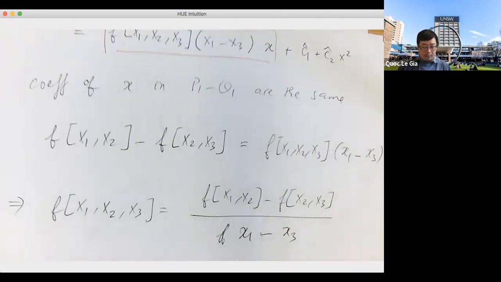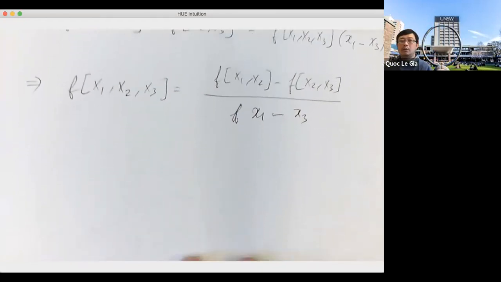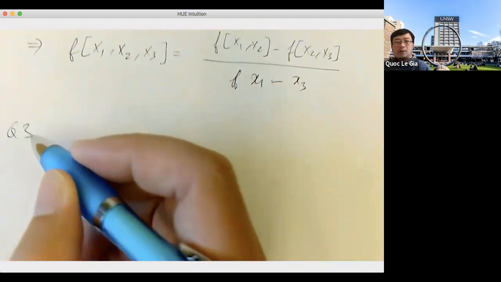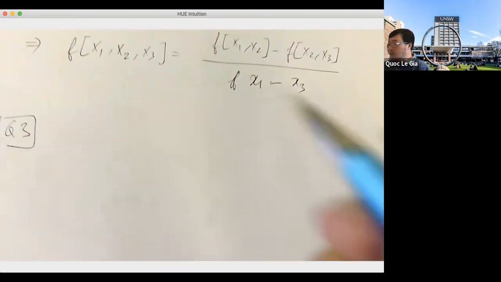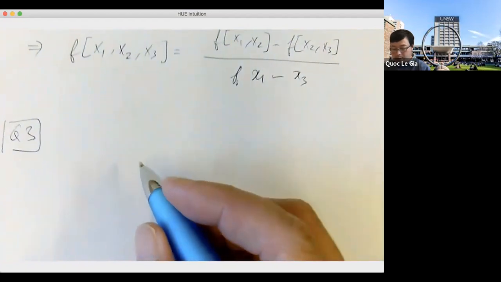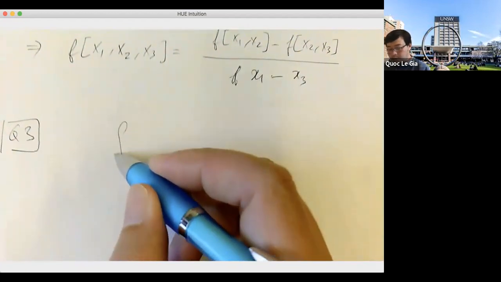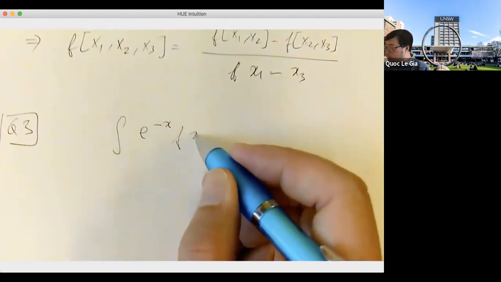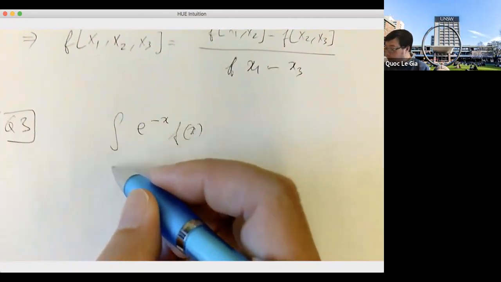Okay. So now I move to the next question, which is about quadrature. Question 3. So now question 3, you have the integral of e to the minus x f of x dx from 0 to infinity.